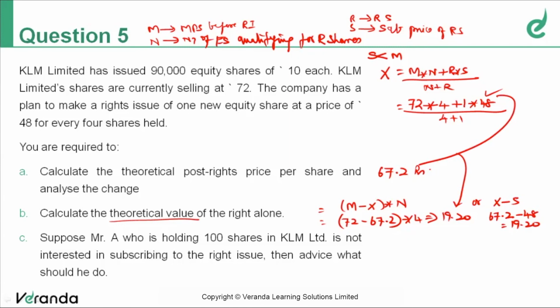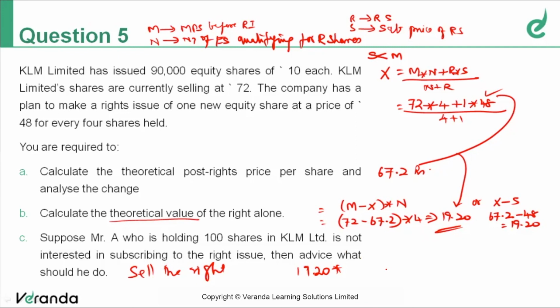For the third question, suppose A is holding 100 shares in KLM, he is not interested in subscribing, then what should he do? He should sell the rights, where each right he will sell at 19.2. 19.20 multiplied by how many rights he can subscribe for.